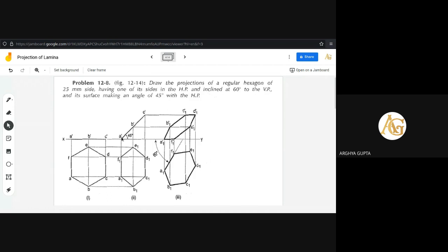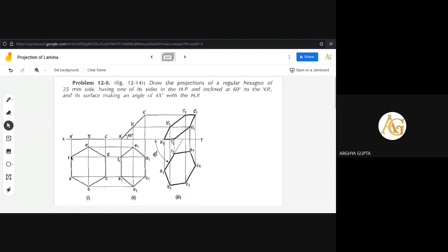So we have to move step by step. Firstly, we have to incline the plane with the horizontal plane. Then we have to incline it with the vertical plane. Then that combined shape will be drawn here. So firstly, you need to draw the hexagon here. As I have already told you how to draw a hexagon, you can draw a circle, and inside the circle you can draw a hexagon. Otherwise, you can draw 120 degree angles.